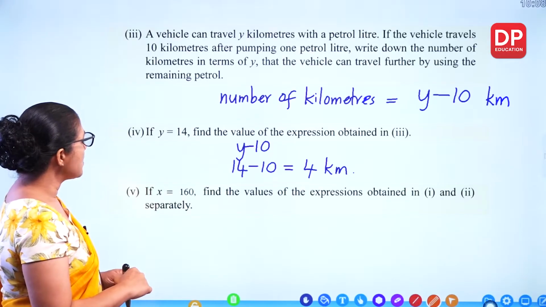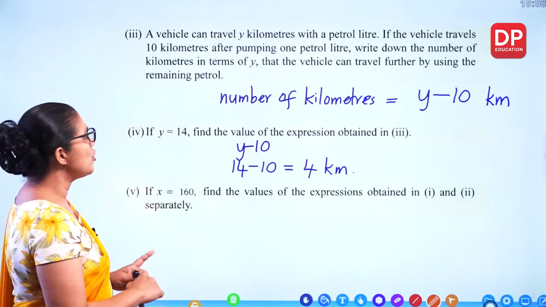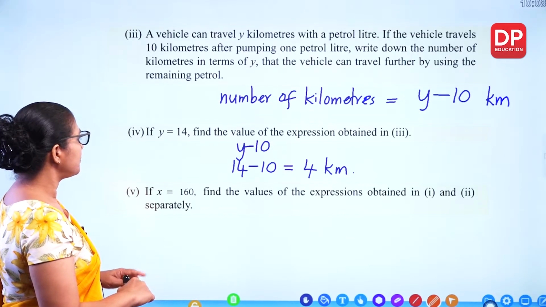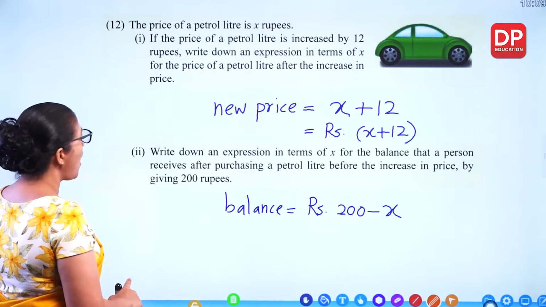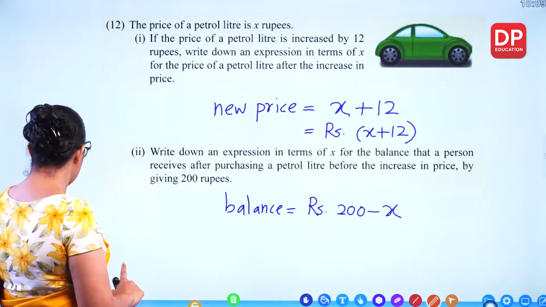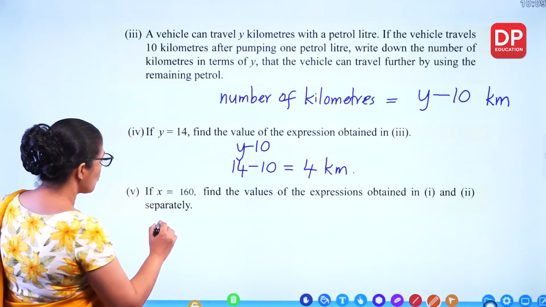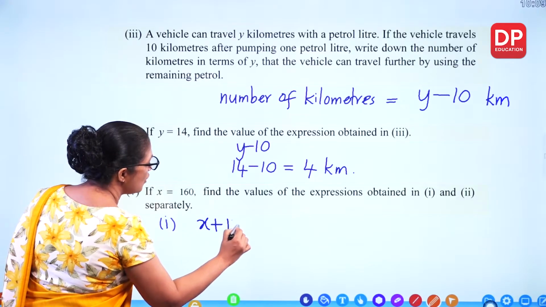If X equals 160, find the values of the expressions obtained in 1 and 2 separately. So in 1 and 2 we got X plus 12 and 200 minus X. So X plus 12 is the new price.